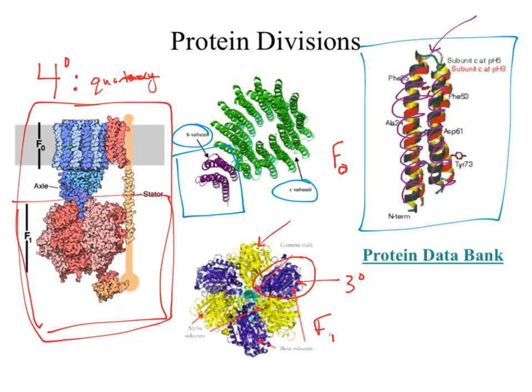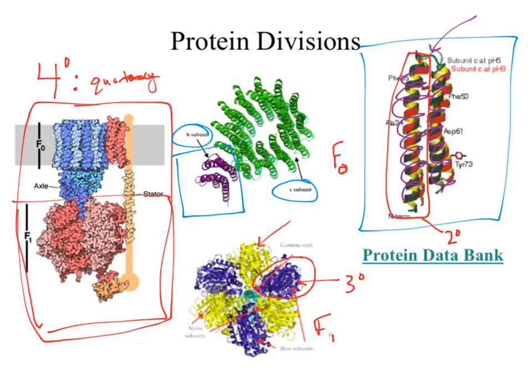So in this case, if I just look at this helical section, I now have secondary structure. There are sections of the properly folded protein that form these particular patterns. If I recognize those patterns as showing up in other proteins, there's my secondary structure.